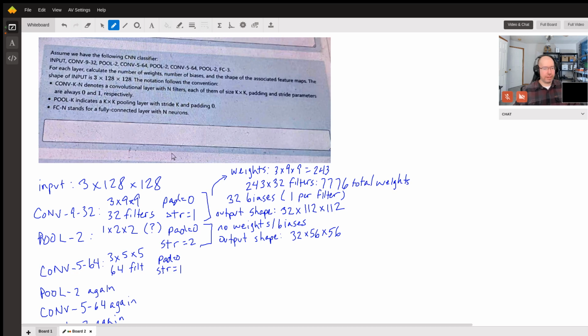Yeah, because before I think we were just assuming that if you get a three-dimensional, like an RGB input, you get an RGB output.